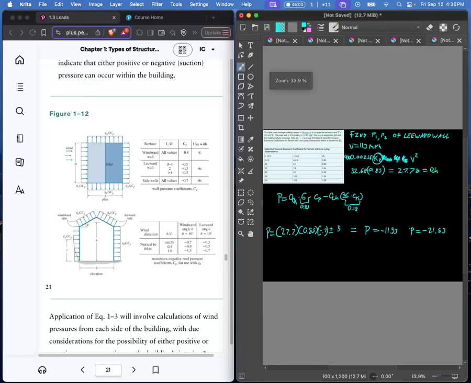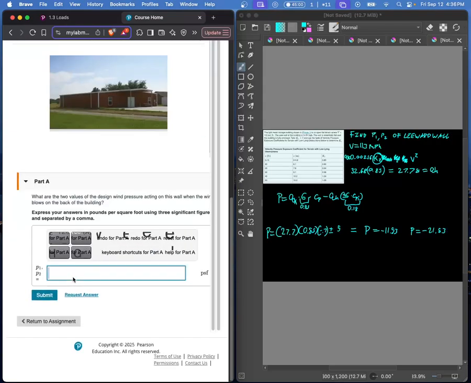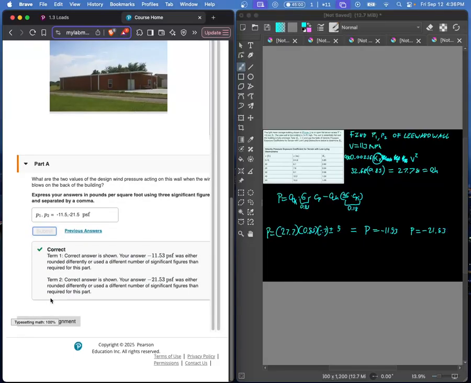I'm hoping that I don't have any rounding errors and that this just works all good. Negative 11.53, comma, negative 21.53. There we go.